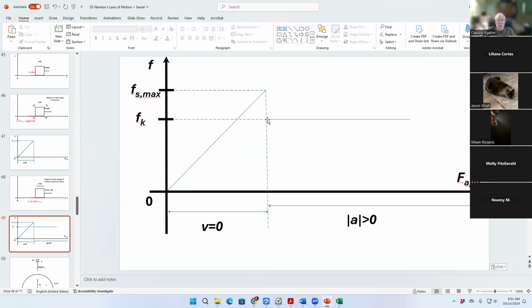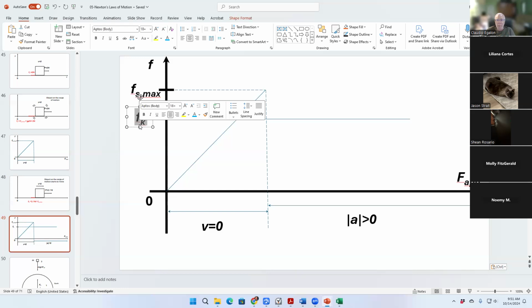And when the object starts moving, you no longer have the force of static friction, you have the force of kinetic friction. It happens that the force of kinetic friction is usually less than or equal to the maximum value of the force of static friction, okay? That's why I put here acceleration greater than 0. If this applied force is greater than the maximum value of the force of static friction, the object is going to accelerate from this point on.